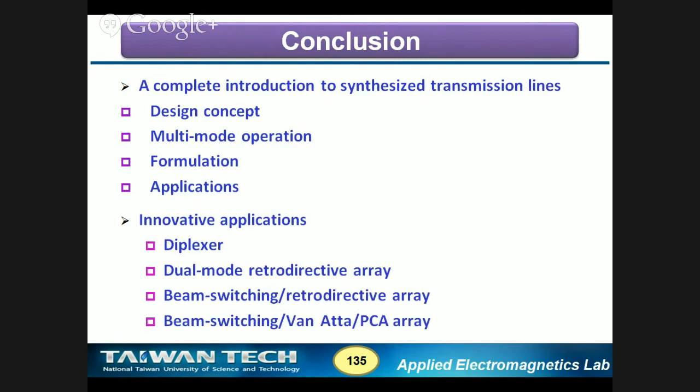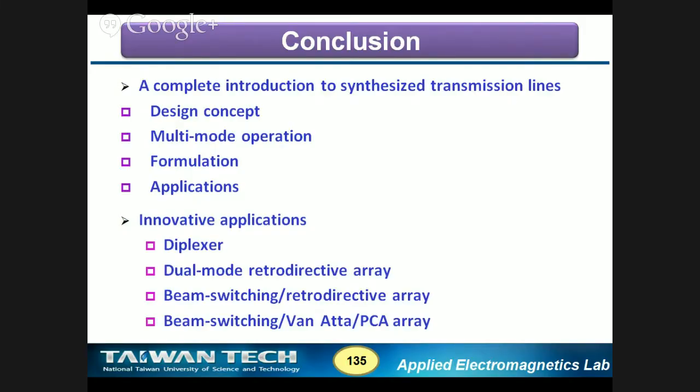This is the transmission line, and the way. The basic philosophy in my mind is I want to do something different from the others. I want to do something different, uniqueness. So this is why I chose this topic, and fortunately enough, we do have some good results.